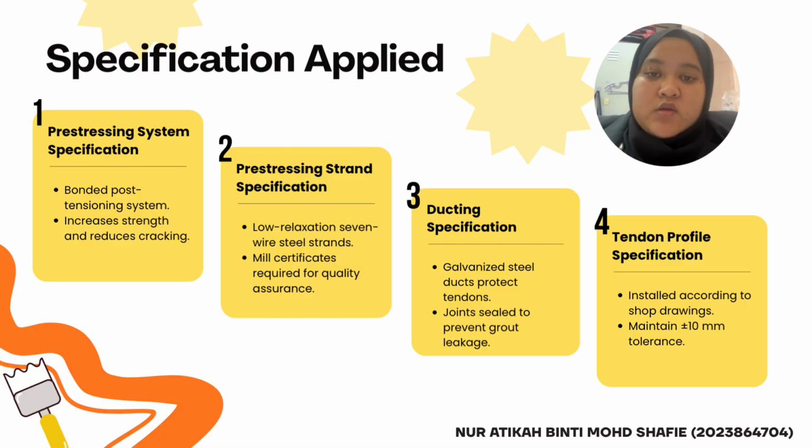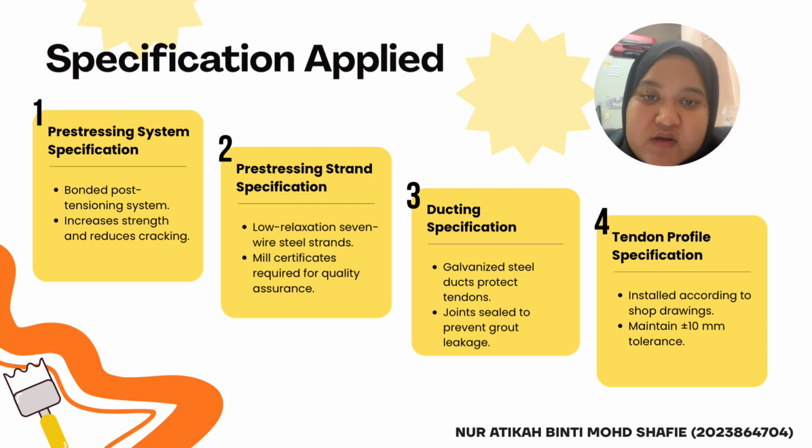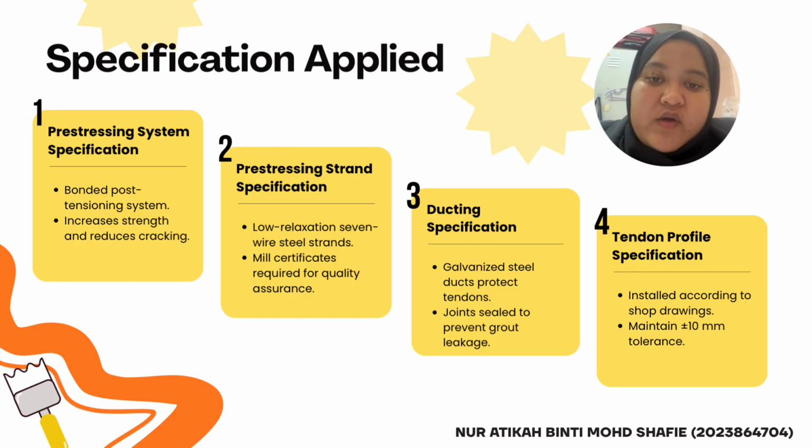For number two, prestressing strand specification: low relaxation 7-wire steel strand, mill certificate required for quality assurance. For number three, ducting specification: galvanized steel duct protects tendons, joints sealed to prevent grout leakage.